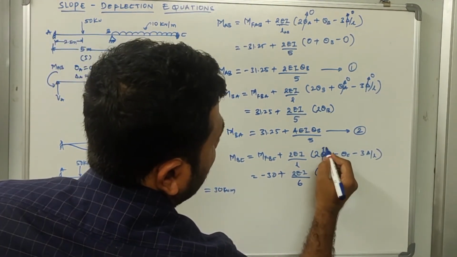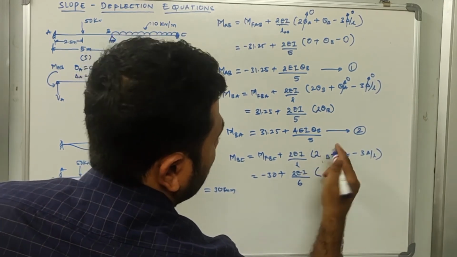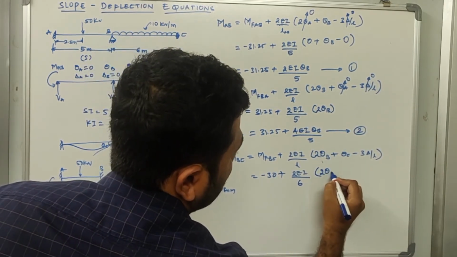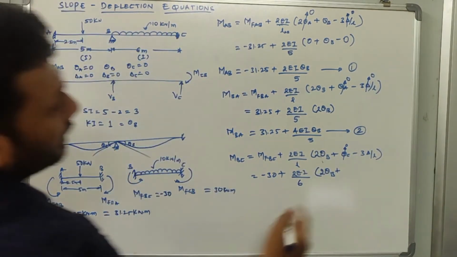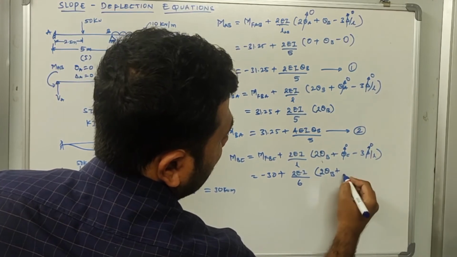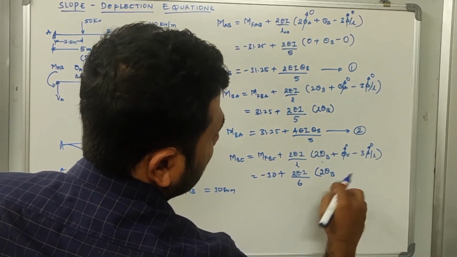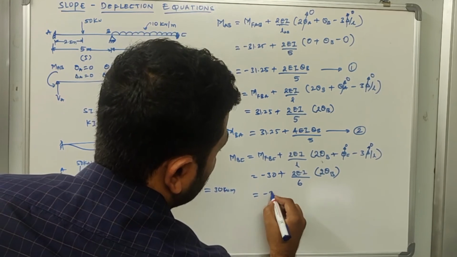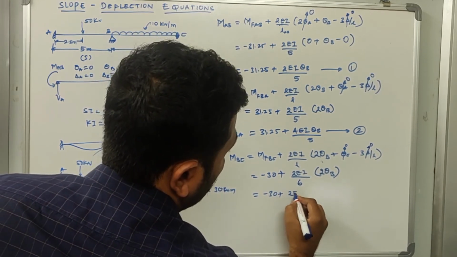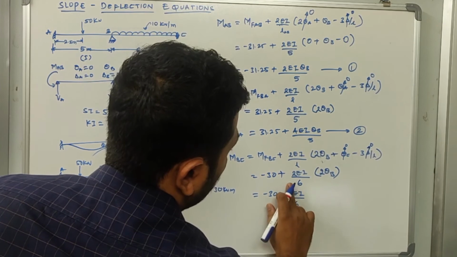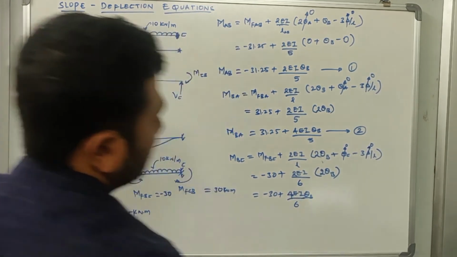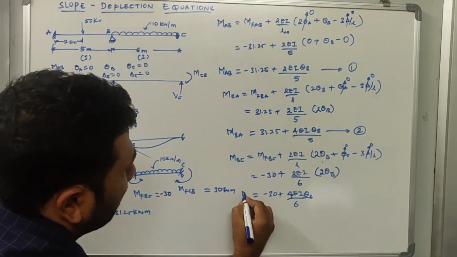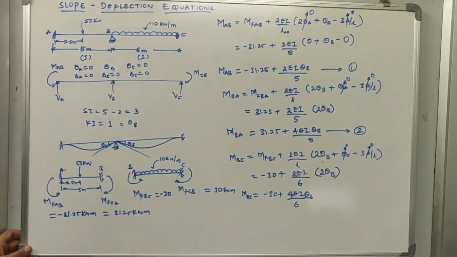Now is theta B 0 or not? No, the theta B value is there, so let me keep theta B itself. Theta C is equal to 0, going by the compatibility equations, and similarly delta is also equal to 0. So what is left over is this equation: minus 30 plus 4EI theta B by 6. This is the equation for MBC. I hope this is clear to you.